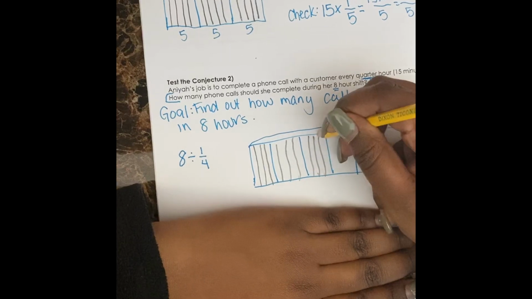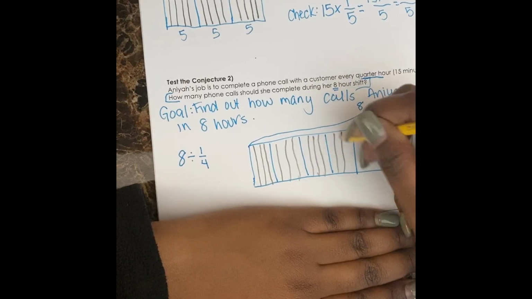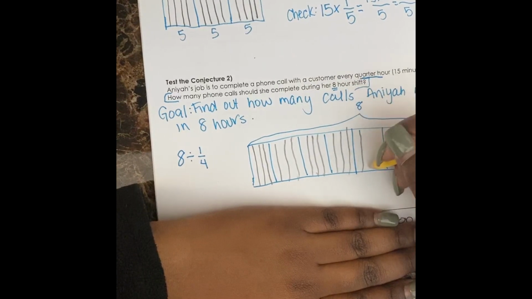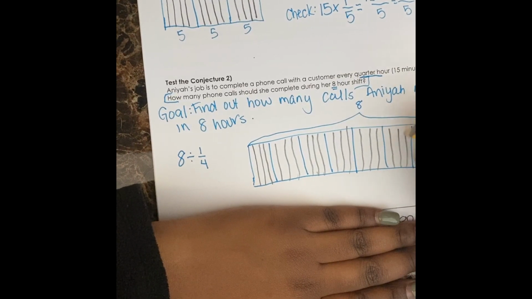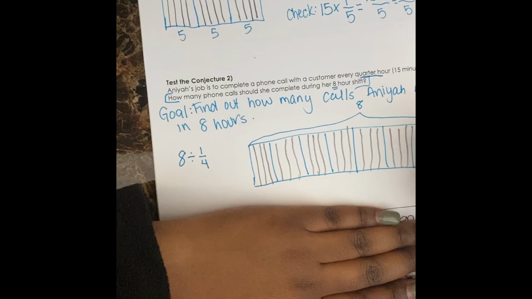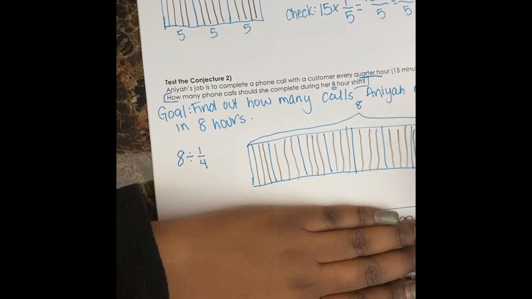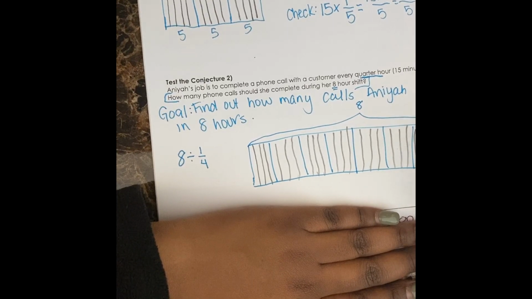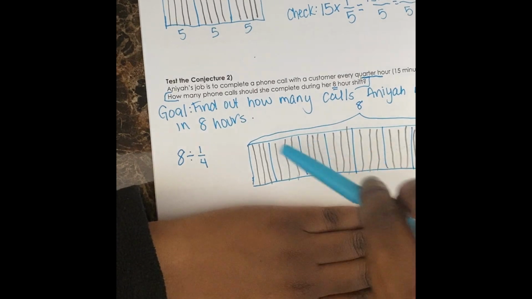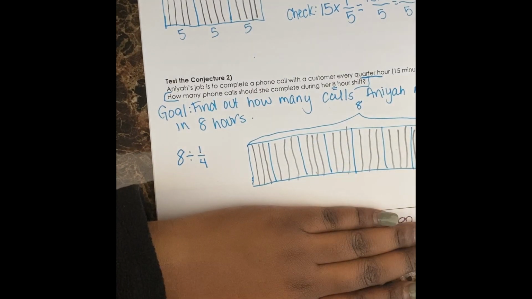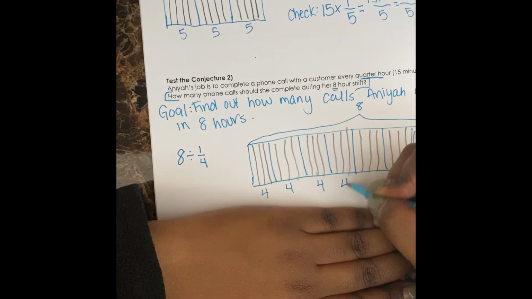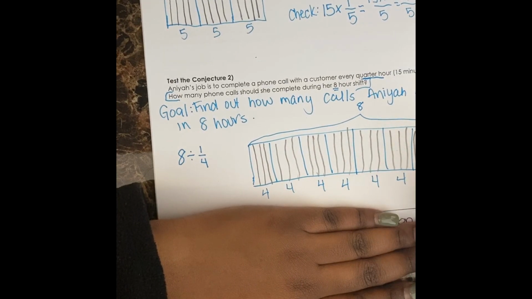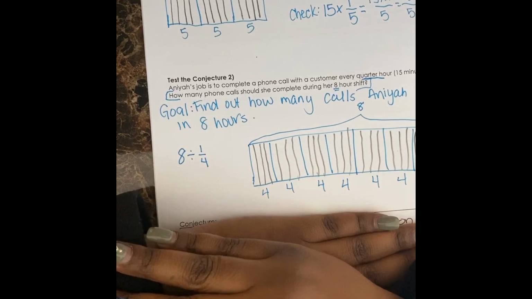At home, I suggest that you use a different color as well so that you can properly see what is happening. Here we go. We know that each of these parts of our 8 have 4 pieces in each of them. So as always, I'm just going to label. We have 4 pieces in each of them.